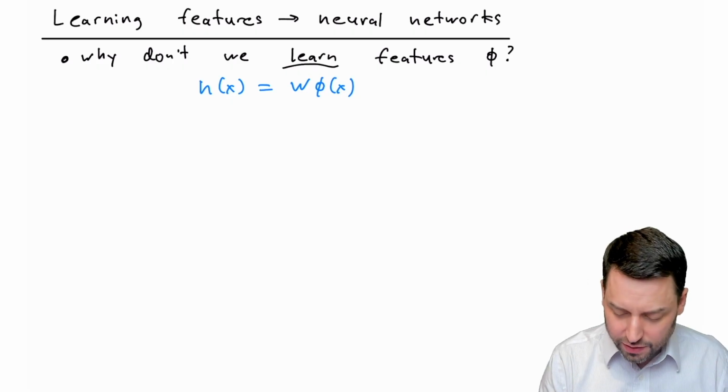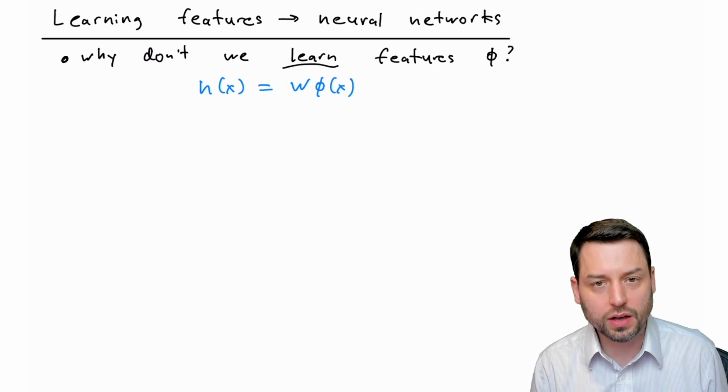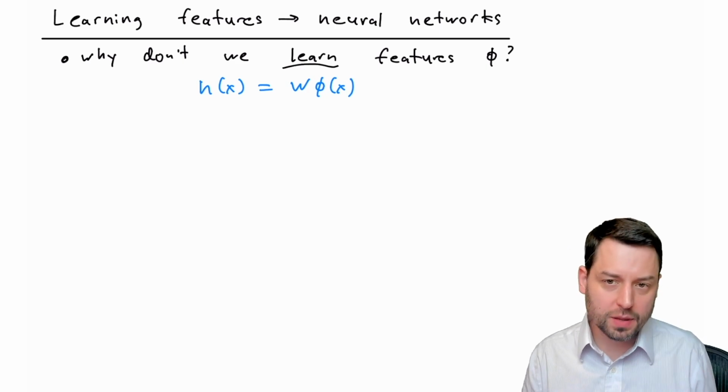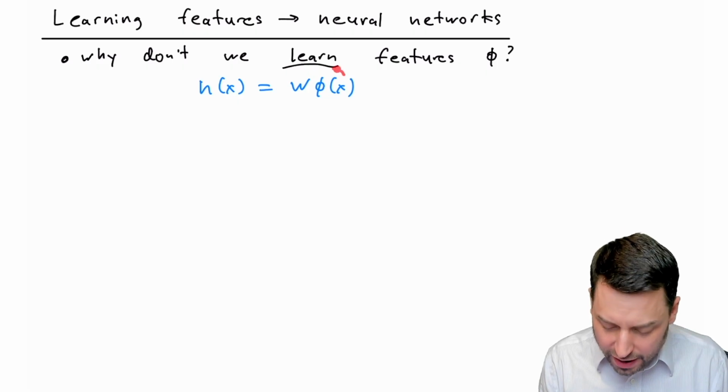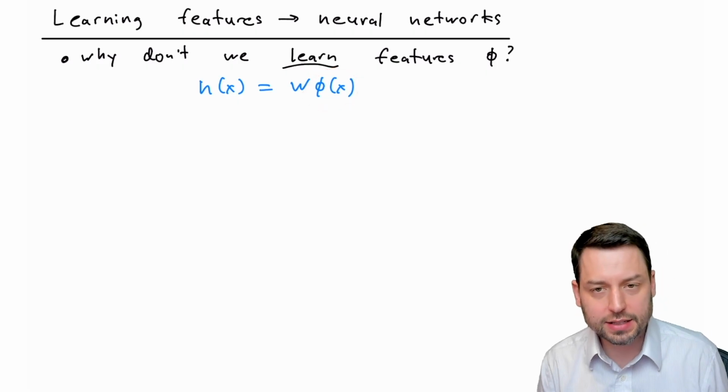We're already learning the w, right? We're already using w. We parameterize it and we optimize it with gradient descent. Why don't we find some function that we can also optimize with gradient descent? That seems like a good idea.